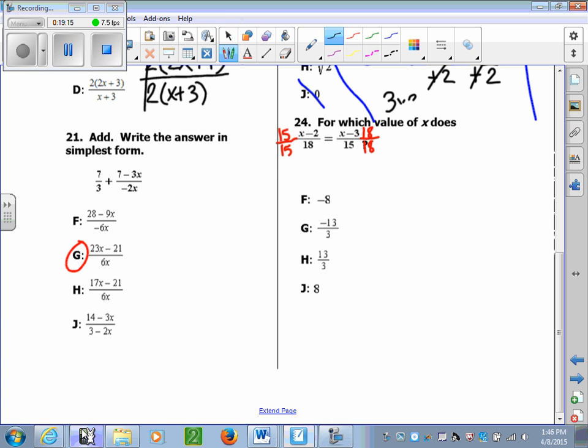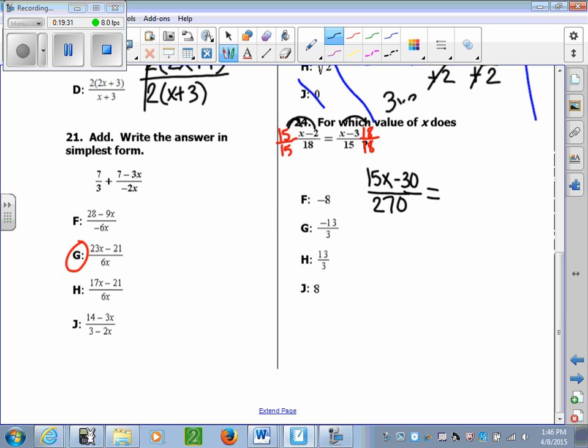So my new denominator will be a 270. And the numerator on the right will be 15 times x, which gives me a 15x, and 15 times a negative 2, which gives me a negative 30. And then my equal sign.